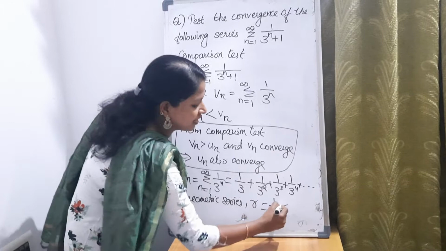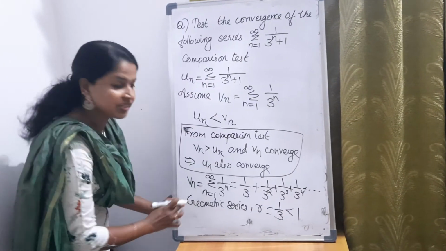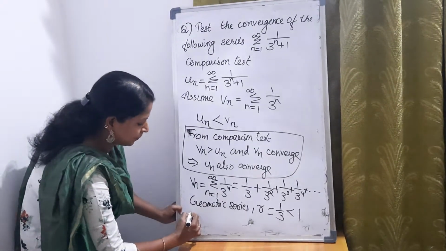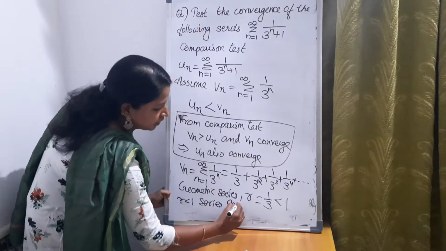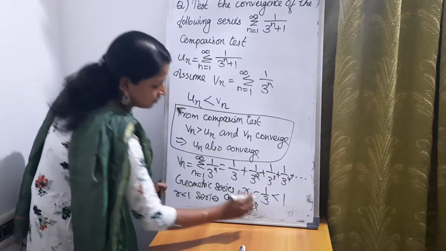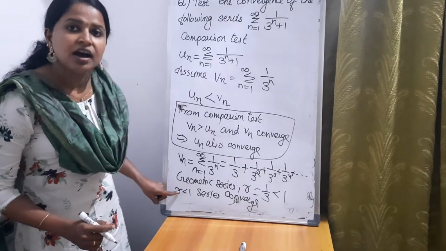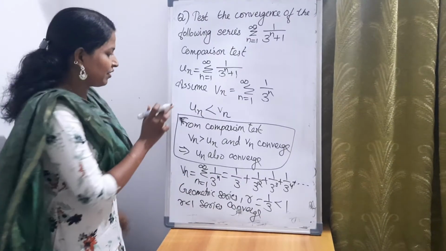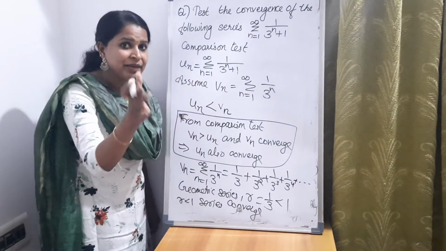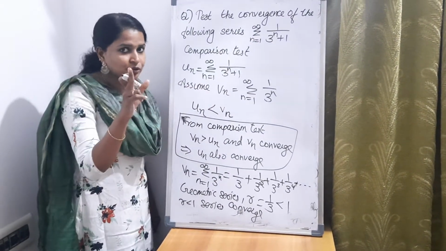Then 1 by 3 is less than 1. From the geometric series test, r is less than 1, so the series converges. Here we assumed Vn bigger than un. That's our first condition.